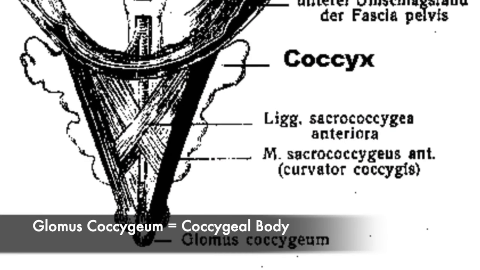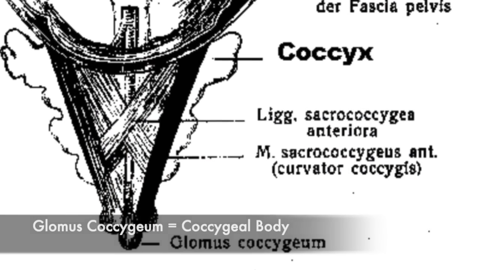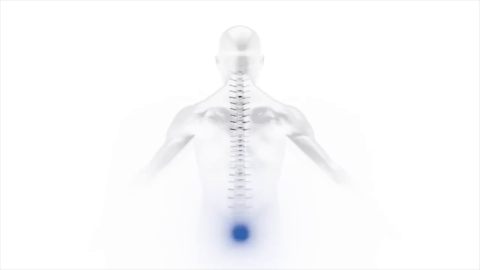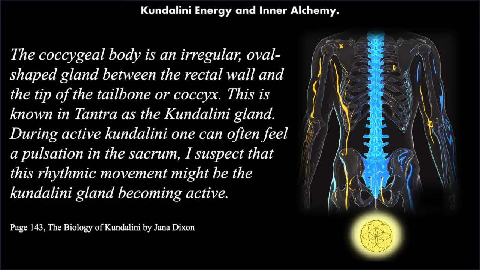The coccygeal body that's located at the base of the spine near the coccyx or tailbone is often linked with dormant Kundalini energy and has sometimes been dubbed the Kundalini gland. The coccygeal body is an irregular oval-shaped gland between the rectal wall and the tip of the tailbone or coccyx.